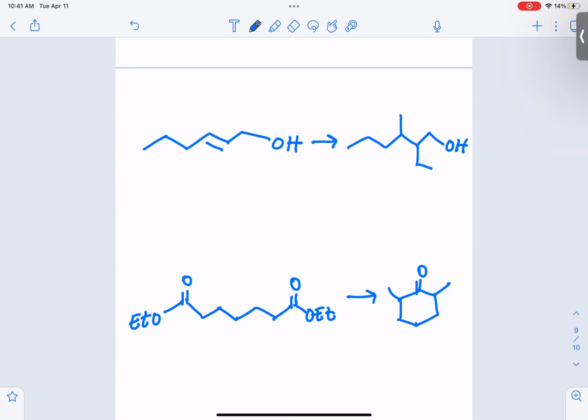Then that would take us back to this, which we could have gotten by reacting with the Gilman reagent. That should be a 2. I'm just going to go up top here because I am running out of room.